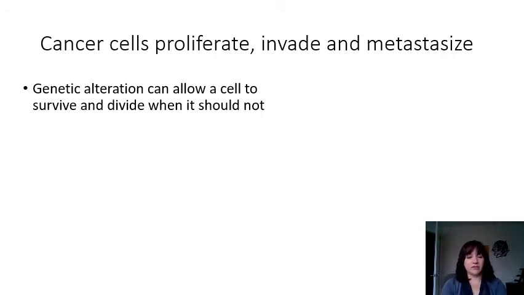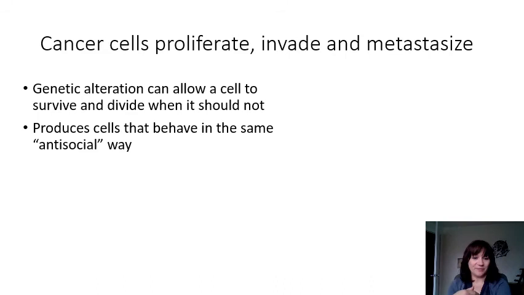And this is due to a genetic mutation that's going to allow a cell to survive in places that it shouldn't and divide when it hasn't been told to divide. So it's kind of like a rebel. It's just going off and doing its own thing, and it's not listening to its community, right? And it divides, and the cells that it produces are the same thing. So now it's got a whole gang of buddies that are not listening to what they're being told.